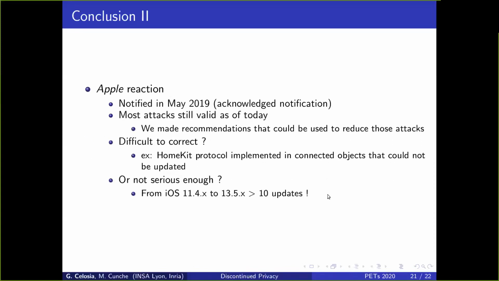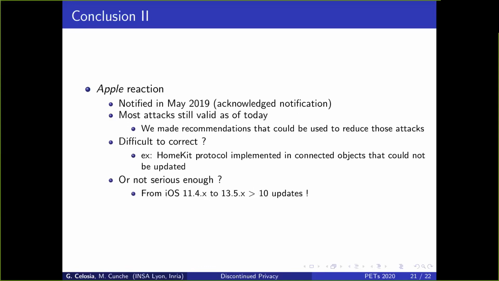As a second conclusion, we notified Apple of the privacy vulnerabilities in May 2019, and they acknowledged the notification, but we renewed the experiment, and as of today, most attacks are still valid, even if we made some recommendations that could be used to reduce those attacks. So we can ask the question: are they too difficult to correct?